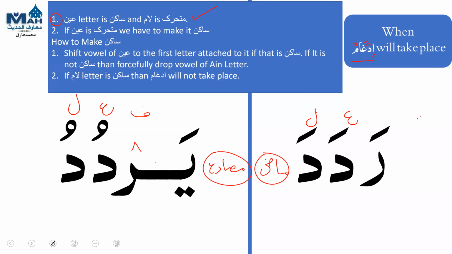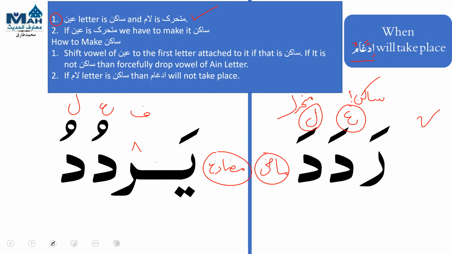So in the fi'l madi, is it there? No, because all are mutaharrik. Our condition is that ayn should be sakin, and lam should be mutaharrik. So our requirement is not being met.